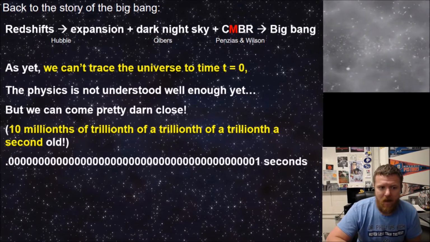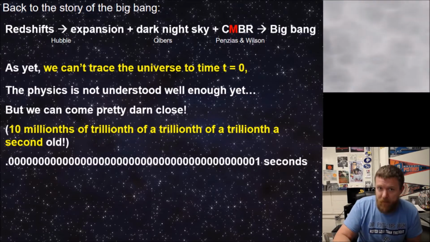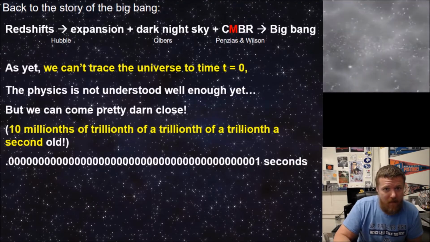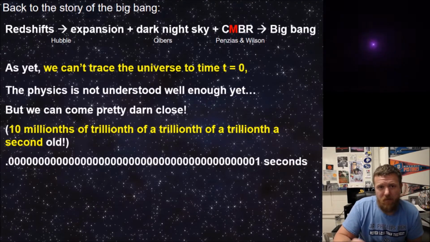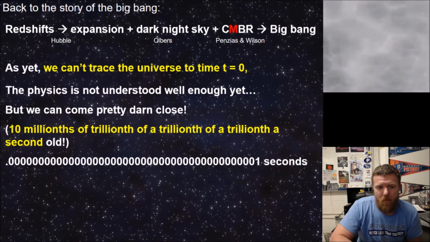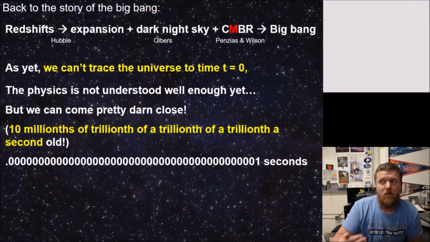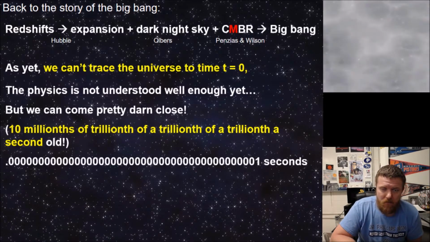And it's at this time, when the temperature is at dozens of billions of degrees, that our models of quantum mechanics and our standard model of the way the universe works break down. So before this time, the temperature of the universe is too hot for us to know exactly what was going on.